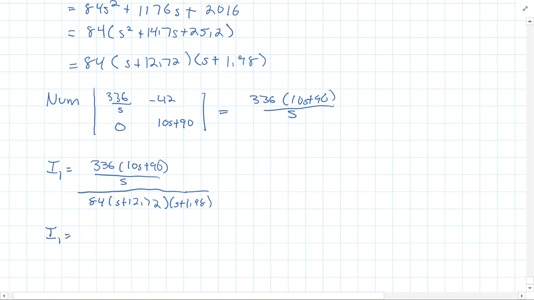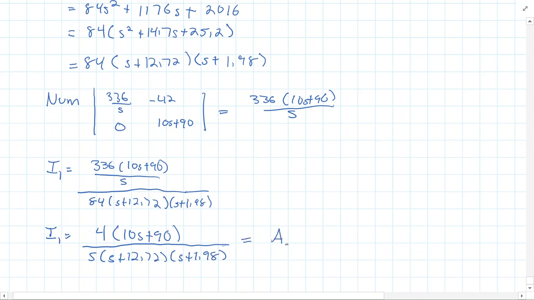I'm going to do 336 divided by 84, and I get 4 times 10s plus 90 over s plus 12.72, s plus 1.98, which is going to be in the form a over s plus b over s plus 12.72 plus c over s plus 1.98.